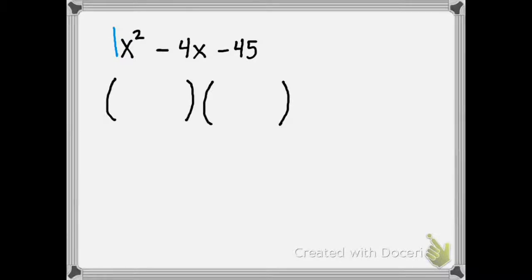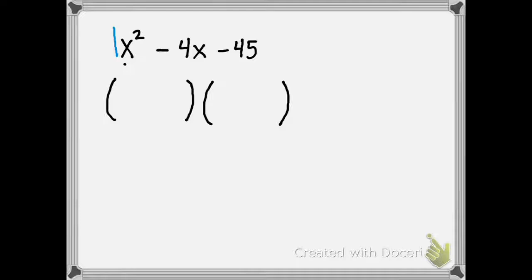Now, what we know is the first terms in each parentheses, when we multiply them together, thinking about FOIL, need to multiply together to be the first term, the x squared term here. Since the coefficient is 1, the only 2 whole numbers that multiply together to be 1 are 1 and 1. So 1x and 1x multiplied together gives us the x squared.